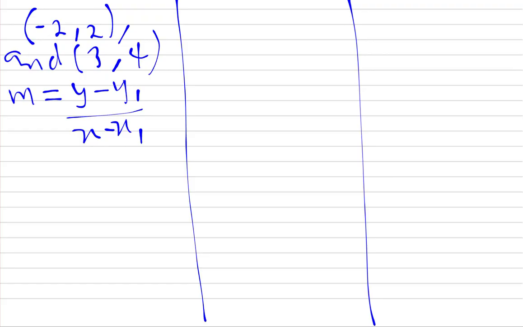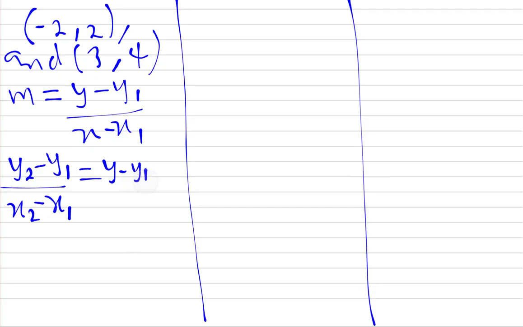What's the formula for our gradient? y2 minus y1 over x2 minus x1, equals to y minus y1 over x minus x1. You can see I just changed my m to the formula, which is y2 minus y1 over x2 minus x1.